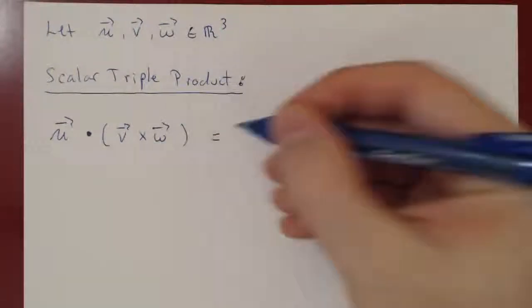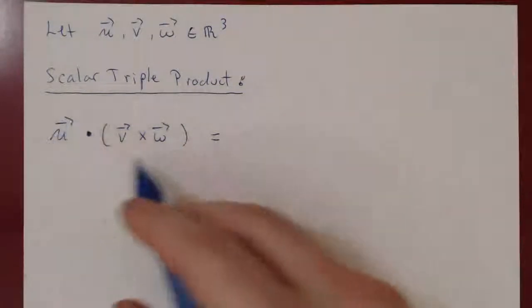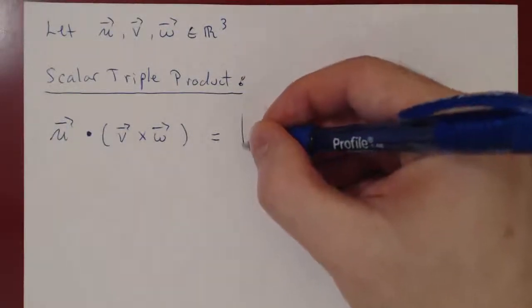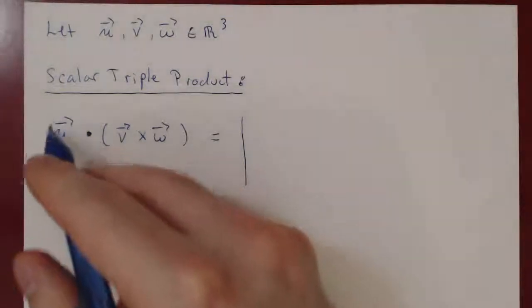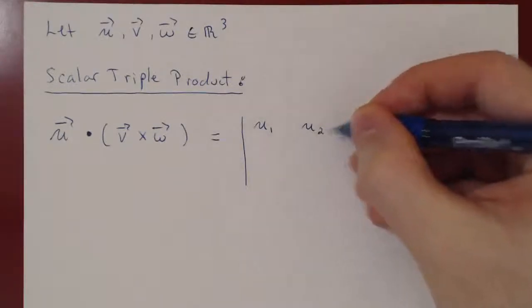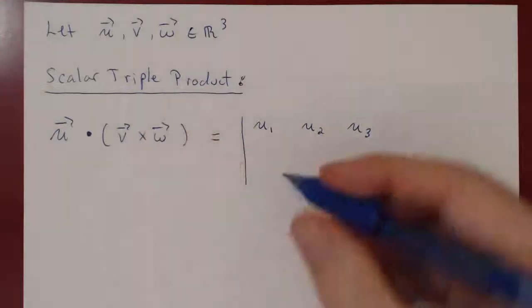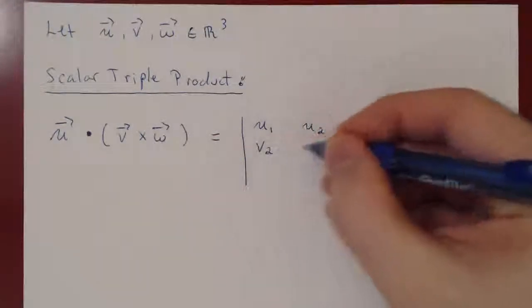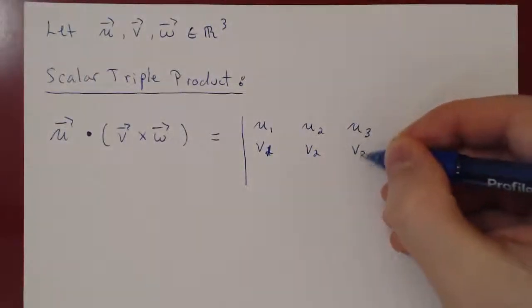What's really nice is that this operation, the scalar triple product, is actually the same as the determinant of the matrix whose first row are the coordinates of the first vector, the second row, the coordinates of the second vector, v1, v2, v3.